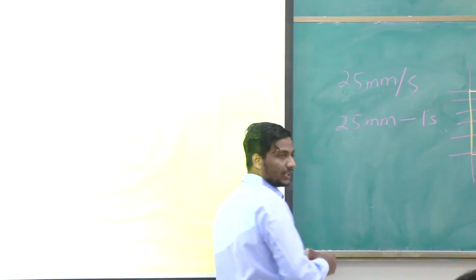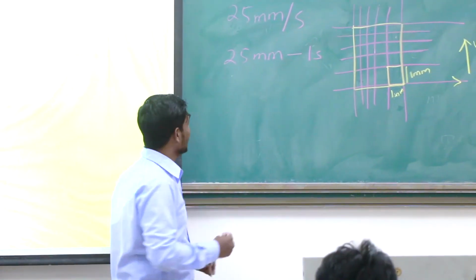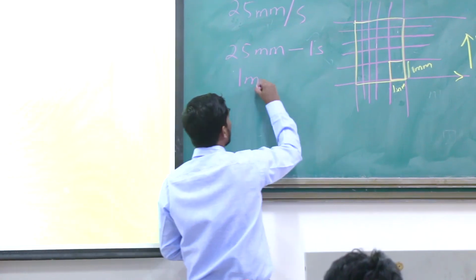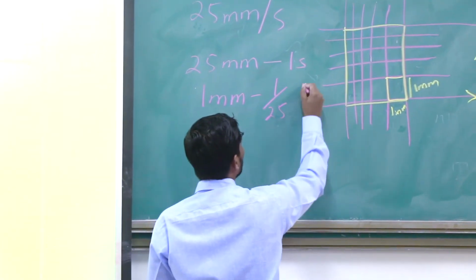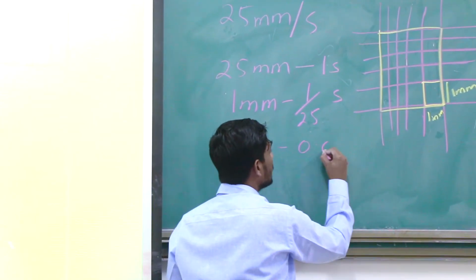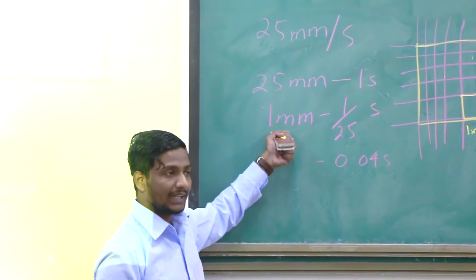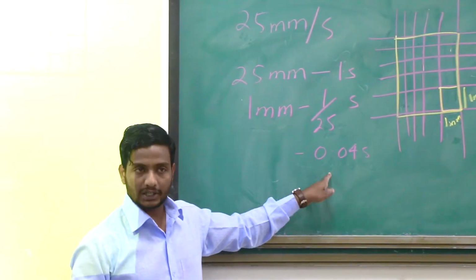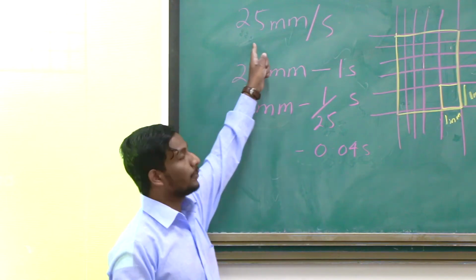So if I do some very simple mathematics here, 1 millimeter is equal to 1 by 25 seconds, and this comes to 0.04 seconds. So 1 millimeter, that means one small square, is equal to how much? 0.04 seconds. And this is all dependent on the speed of the paper being 25 millimeter per second.